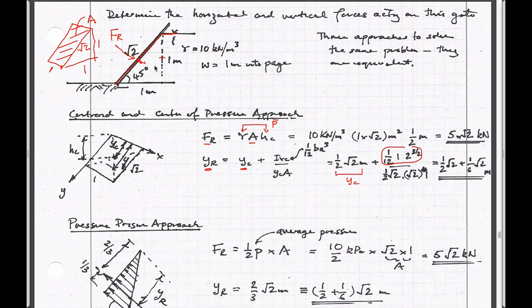Square root 2 is just the length of this, right? So square root 2 cubed is the length cubed, and divided through by the depth of the centroid, which is the same as this. This is also this. And multiplied by the area, square root 2 times 1.